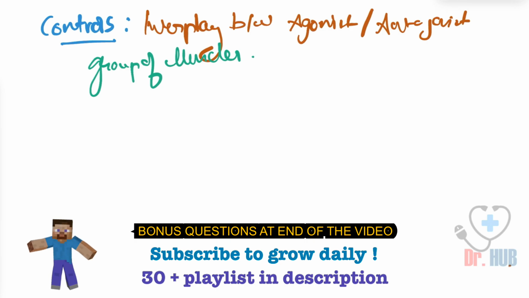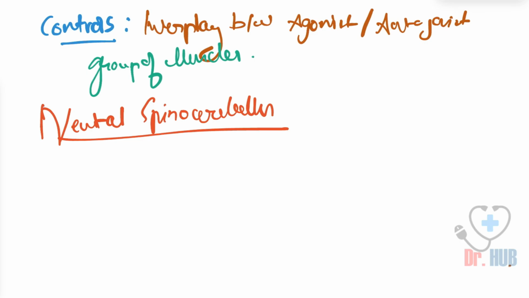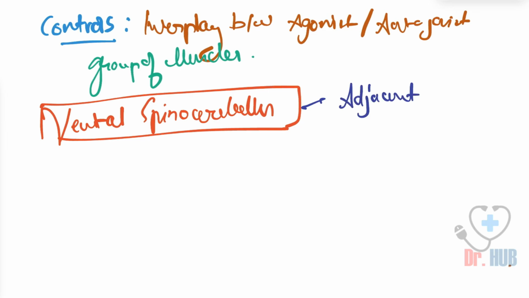Then we move on to the ventral spinocerebellum. So what is this ventral spinocerebellum? The constituents: it constitutes the adjacent medial portion of the hemisphere.